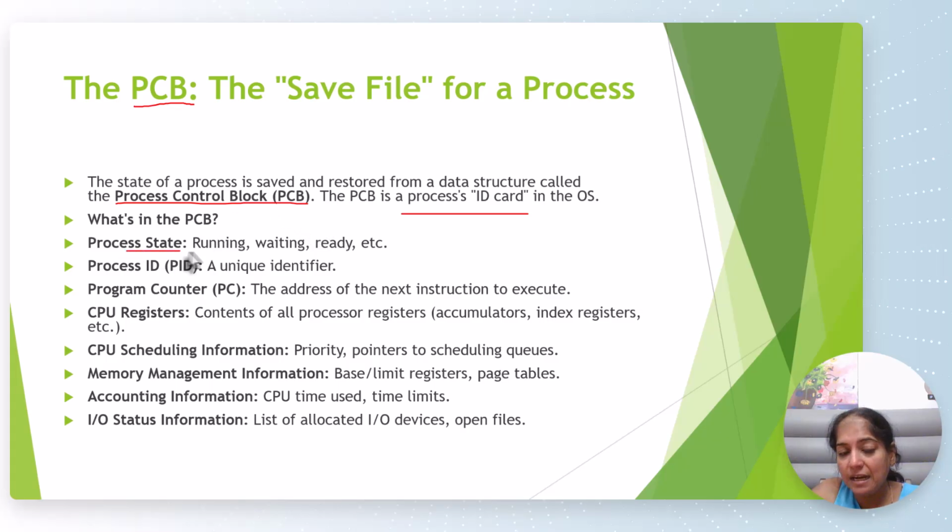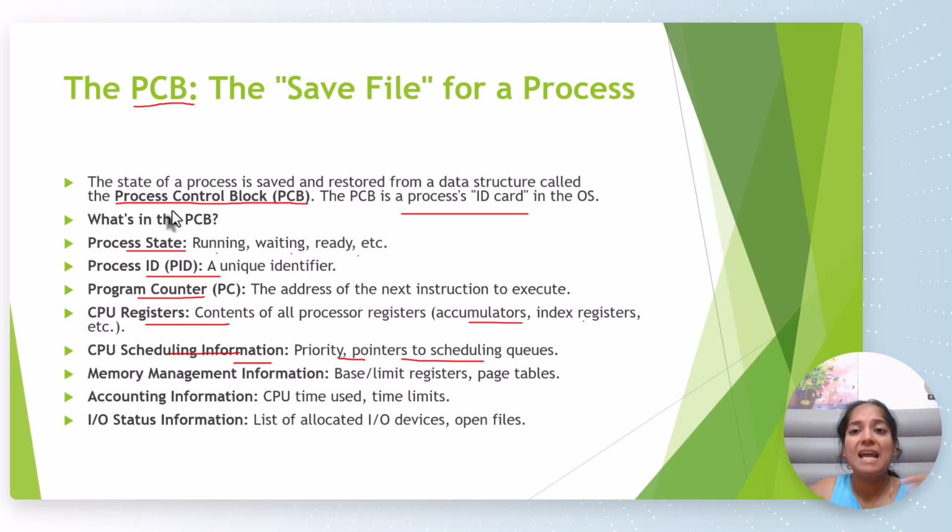It holds its state, whether it is running, waiting, or ready, what the process state is at this time. It holds the process ID by which we uniquely identify the process, and the program counter, that is, which instruction is next to be executed. It holds which registers it is using, like accumulators, index registers, etc. It holds CPU scheduling information, like the priority of the process and the pointers towards the queues, plus memory management information, accounting information, and input output status information.